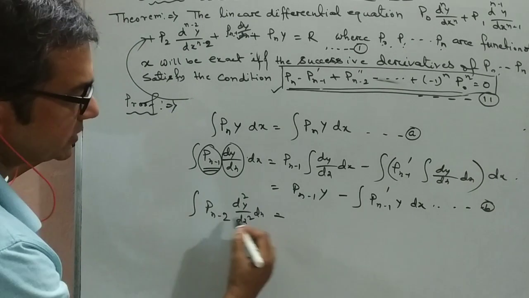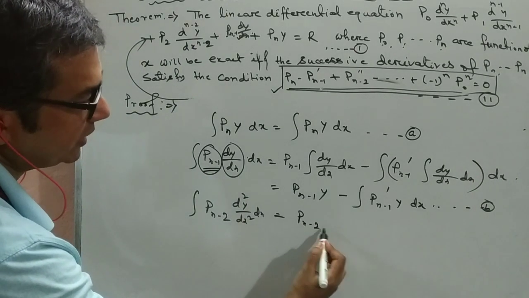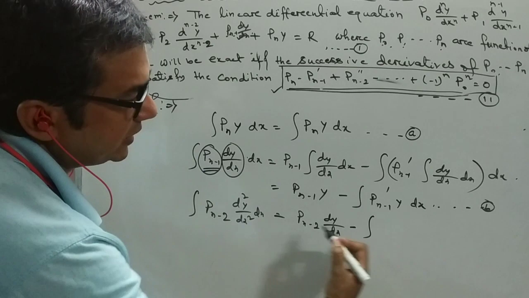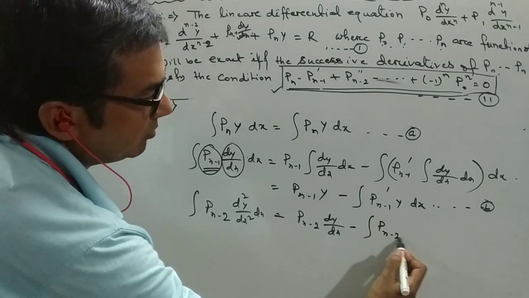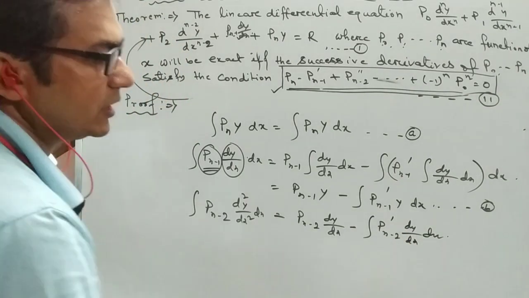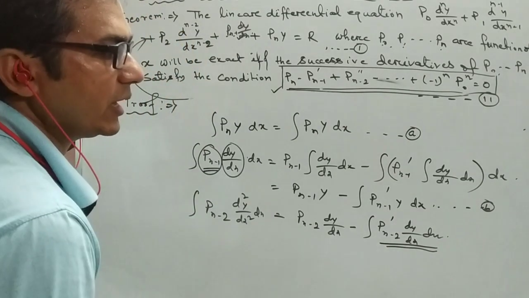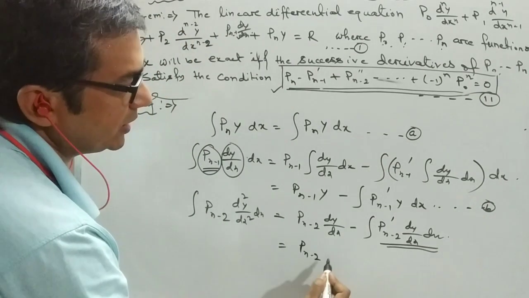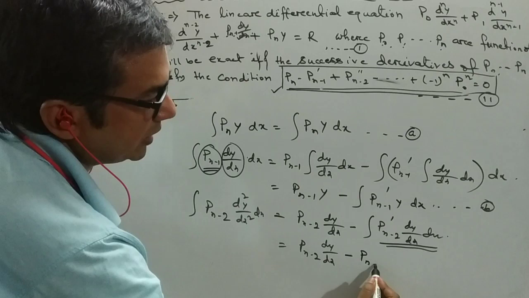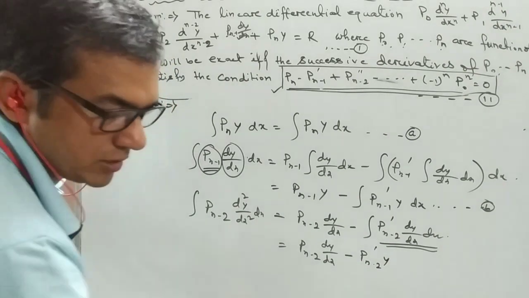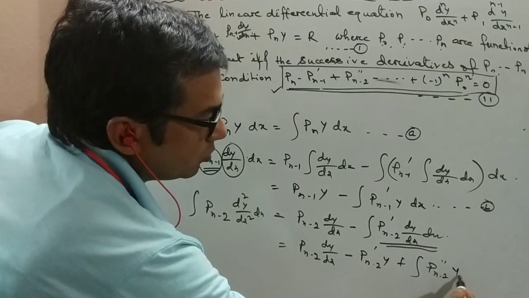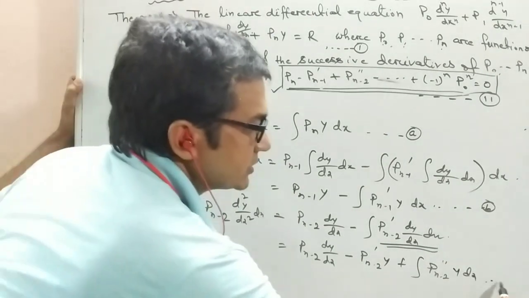Here we get the first term as P_{n-2} dy/dx, minus the second term, P_{n-2}' dy/dx dx. Now integrating this term again, we get P_{n-2} dy/dx minus P_{n-2}' y plus the integral of P_{n-2}'' y dx. Okay, this is C.